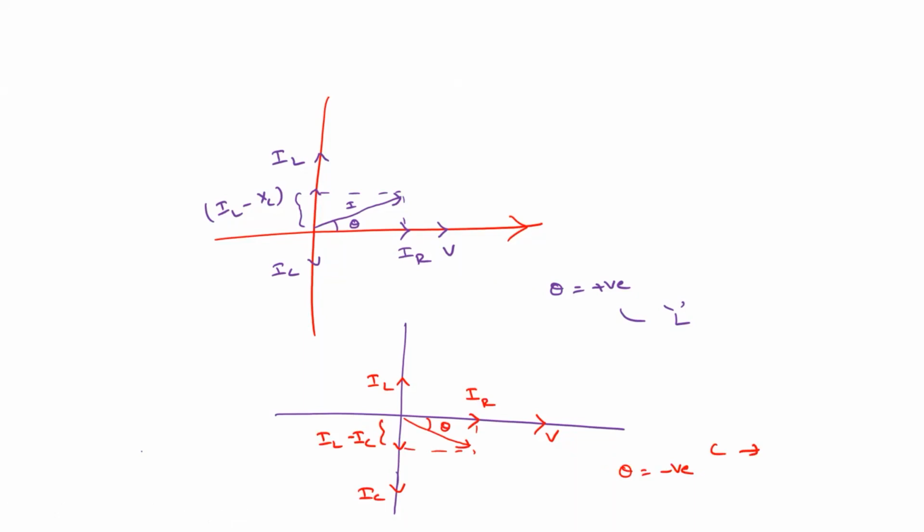In the series circuit for inductance, these roles are changing. So this is for theta negative, and this is for the capacitor circuit, where theta is positive.